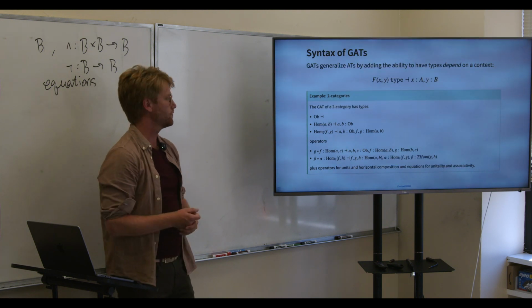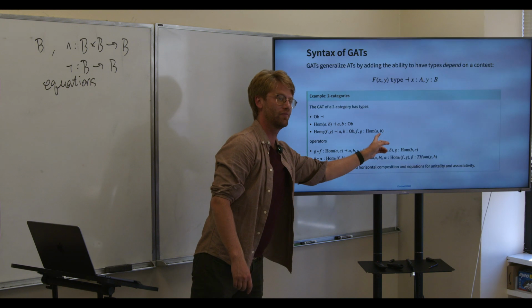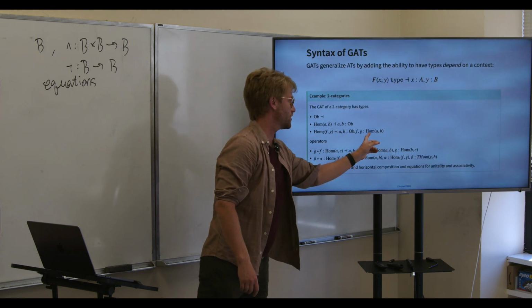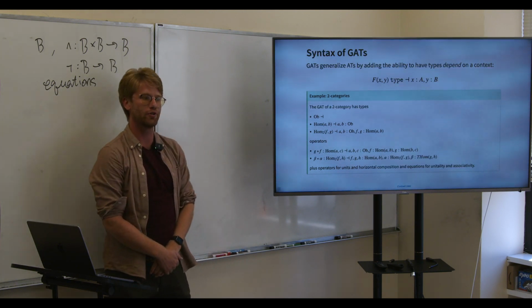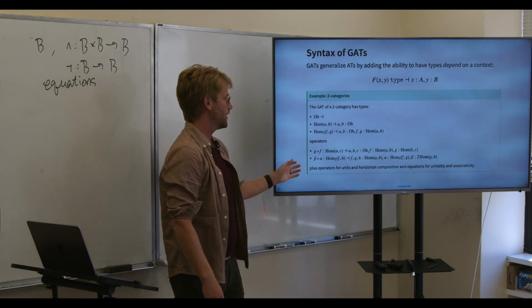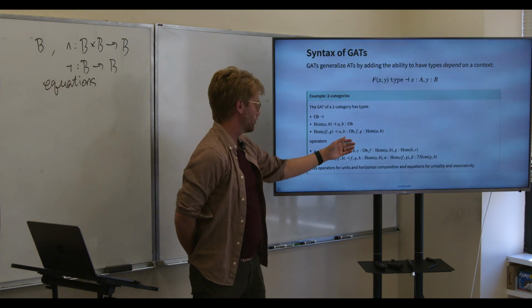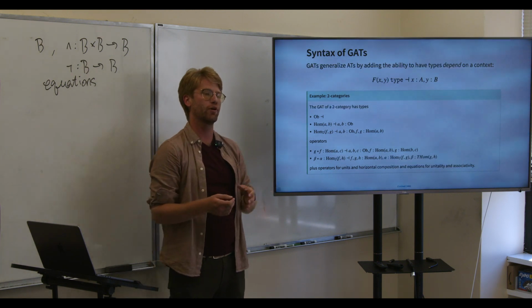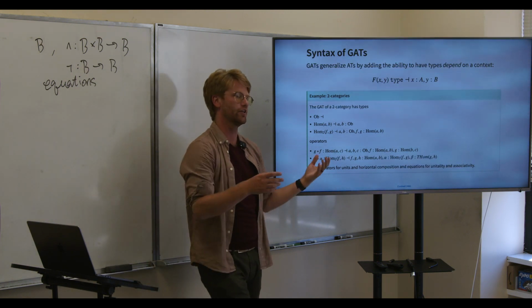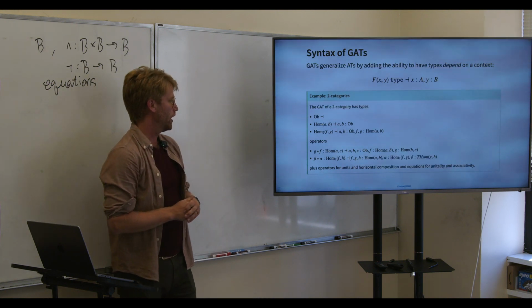That's the one-homs. For every two terms of ob and two terms of the hom between those two terms, which is a dependent type appearing in the context, you have a set of two-morphisms between those two terms. And then there's lots of operators and equations saying I can compose one-morphisms, I can vertically compose two-morphisms, horizontally compose two-morphisms, associativity, unitality, interchange. It's a long theory to write all the way out.